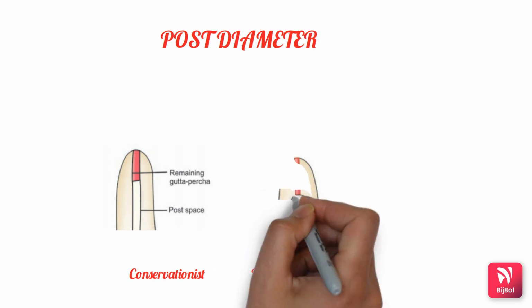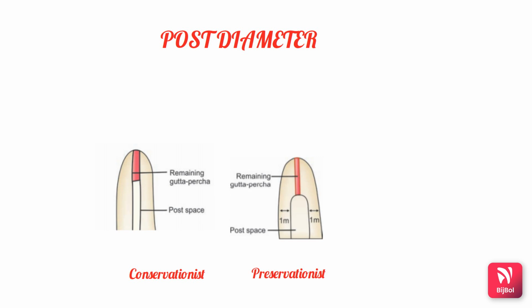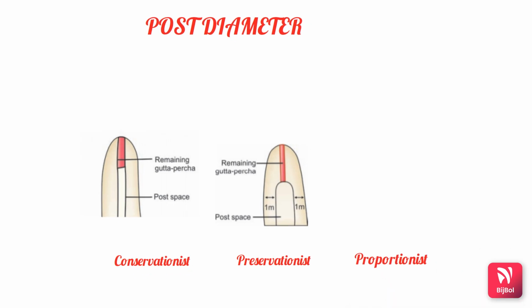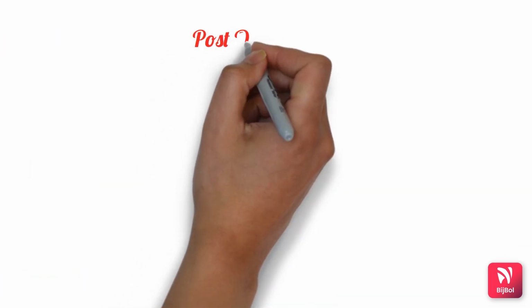The preservationist advocates that greater than 1 mm of sound dentin should be maintained circumferentially to resist fracture. And the proportionist advocates that the post width should not exceed 1/3 of the root width at its narrowest diameter, which also resists fracture.